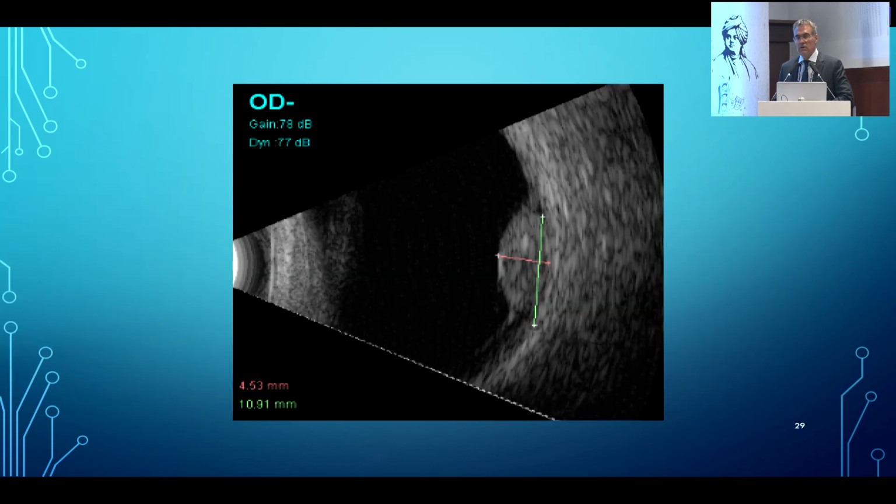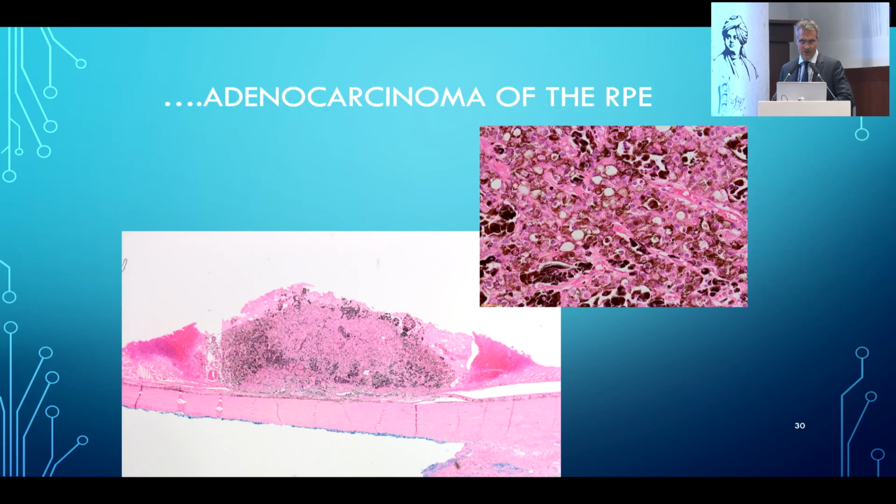And as opposed to those previous melanomas, this one's somewhat hyperechoic on B-scan. So this is not a choroidal melanoma. And luckily for us, by chance, some years later, we managed to get histology on this eye, thanks to another issue. And it confirmed it was not a melanoma, it's adenocarcinoma of the RPE.